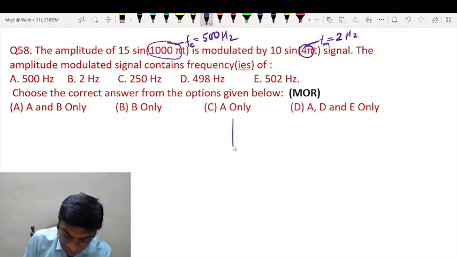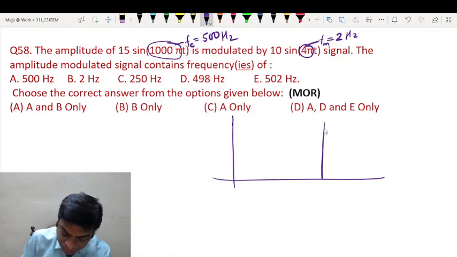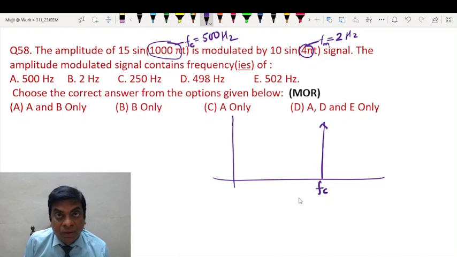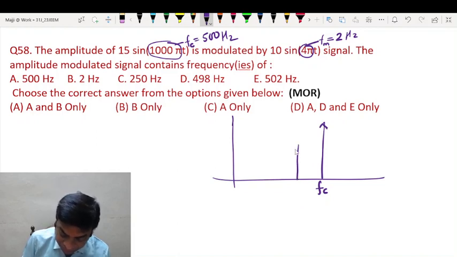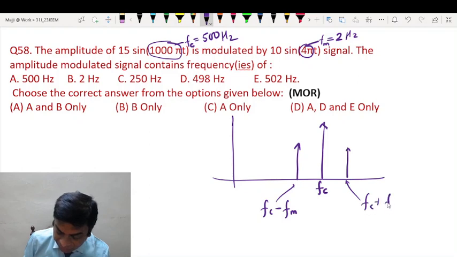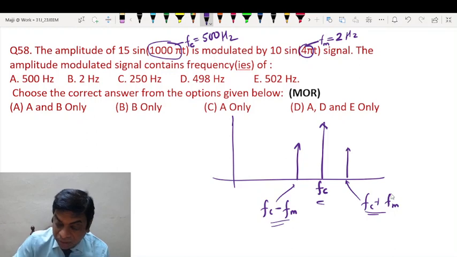Now we know in the amplitude spectrum, you will find that there is a frequency equal to the carrier wave frequency. Then there is a frequency equal to carrier wave frequency minus frequency of modulating wave. And there will be a frequency equal to Fc plus Fm. So these will be the three frequencies which will be present in the modulated wave.